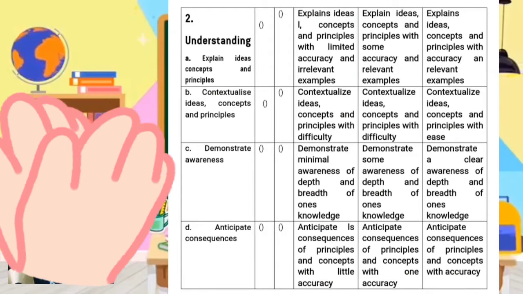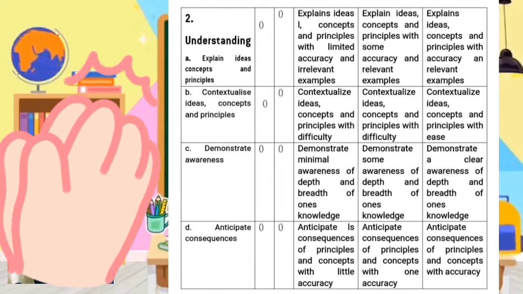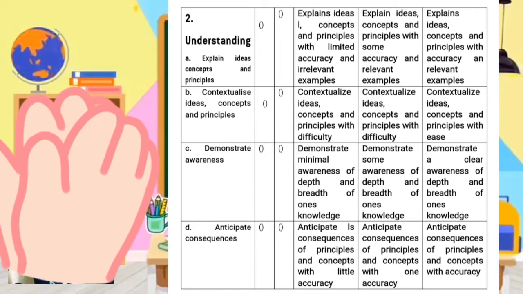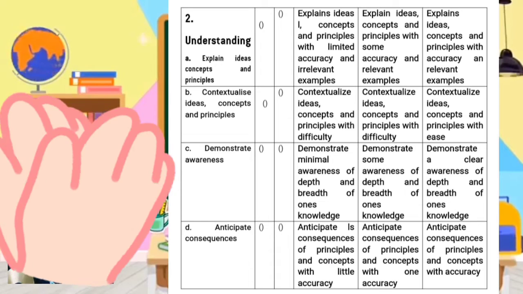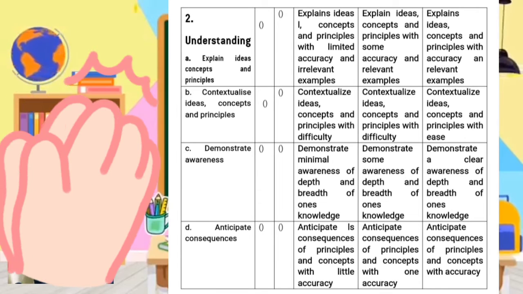Number 2 is understanding. So in understanding, explains ideas, concepts, and principles. So explains ideas, concepts, and principles with limited accuracy and irrelevant examples. Explains ideas, concepts, and principles with some accuracy and relevant examples. Explains ideas, concepts, and principles with accuracy and relevant examples.